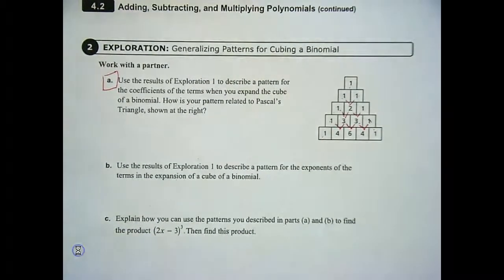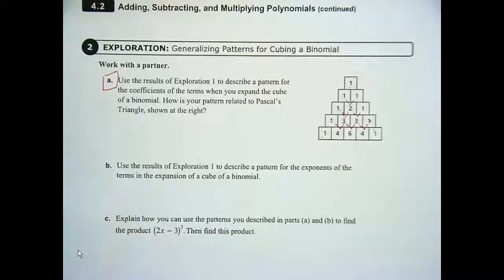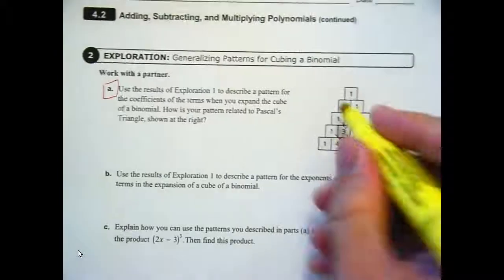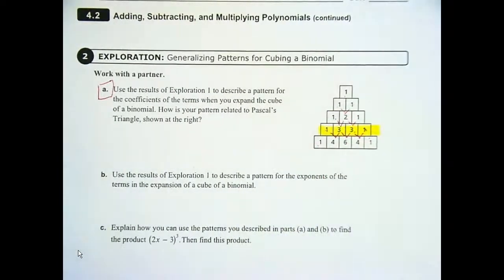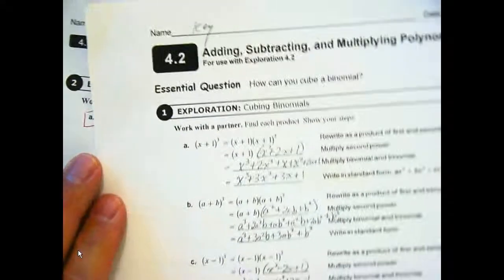Off you go. Hey, if I can have your attention back up here. Please note the pattern that we're looking at here. If you take a look at row 3 of Pascal's triangle, actually it's row 4. Okay, the 1, 3, 3, 1. Those are your coefficients of each of these.